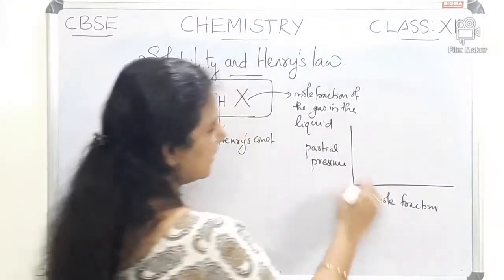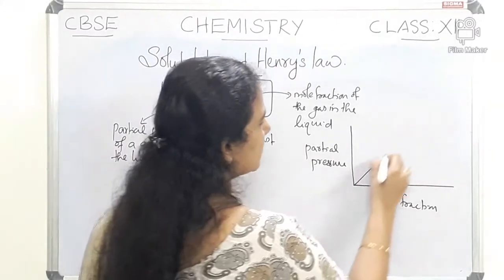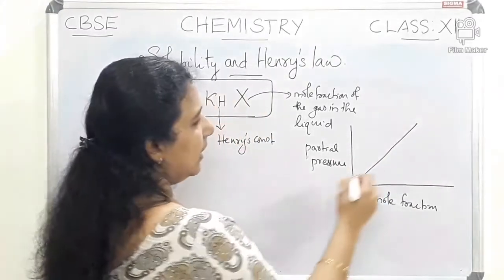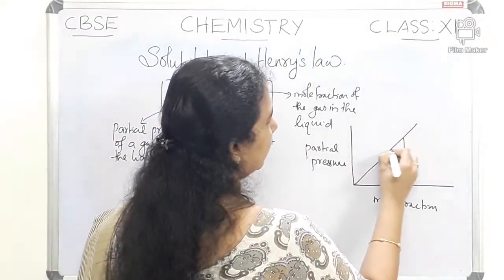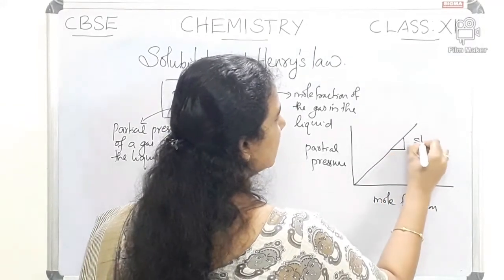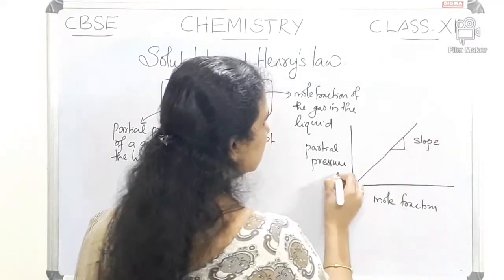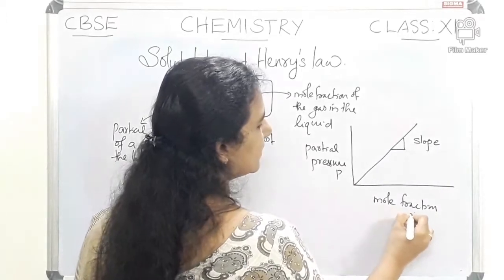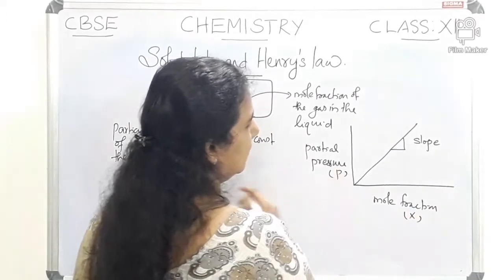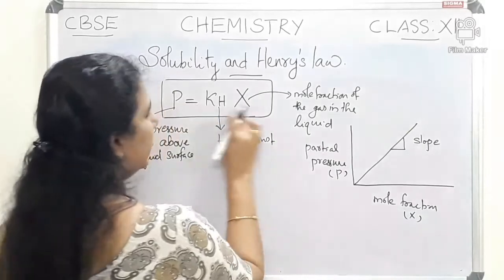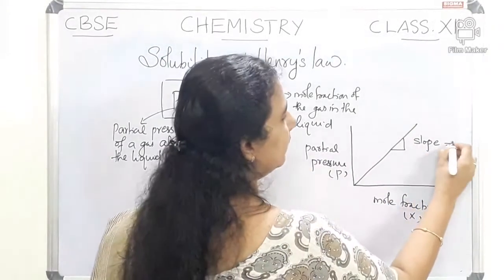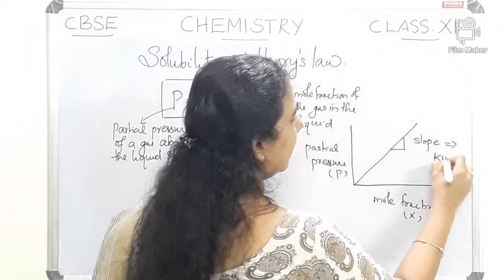We know that it is directly proportional, so we will get a straight line. So the graph will be a straight line, and from the slope of the graph we will get Kh. This is P and this is X. So P by X, the slope, will give the value of Kh.